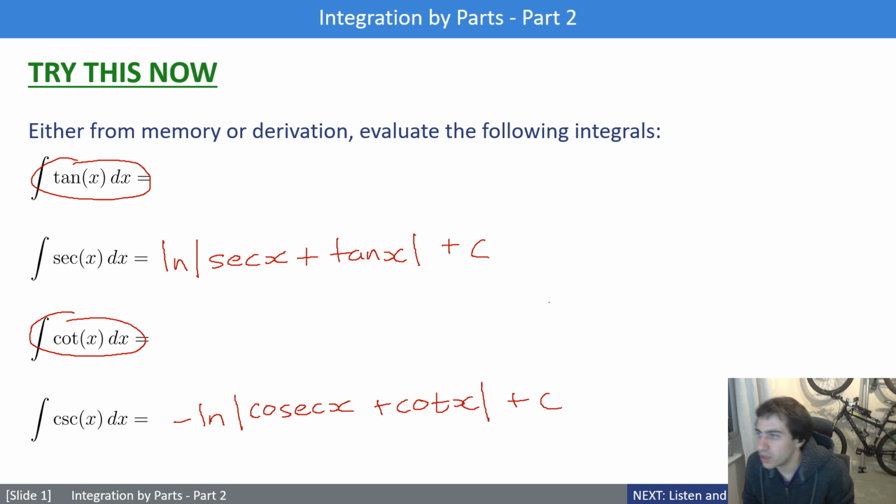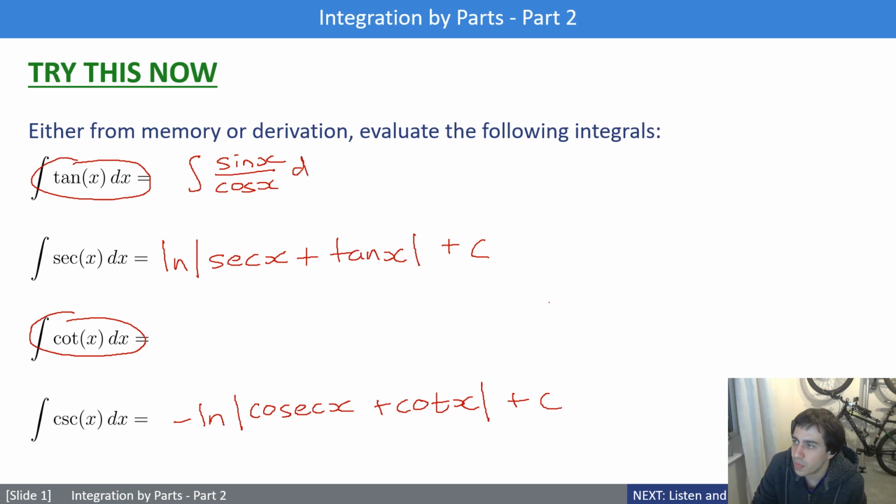Okay, so let's do integral of tan x first. So to do that, we're going to say this is the integral of sin x over cos x. And then we notice we're going to use the derivative of the bottom equals the top rule. So is the derivative of the bottom the same as the top? Almost. The derivative of cos x is minus sin x. So let's make it minus sin x and then put a minus out here. So now it will work.